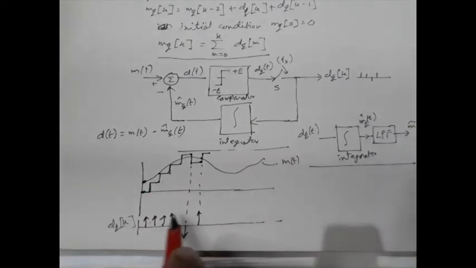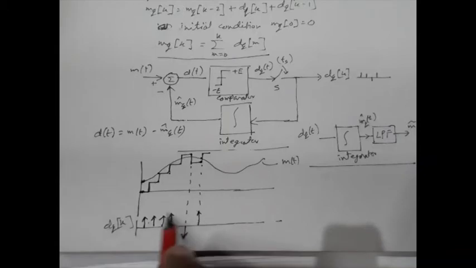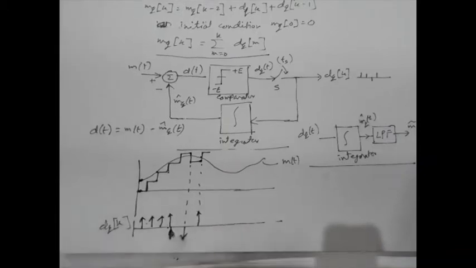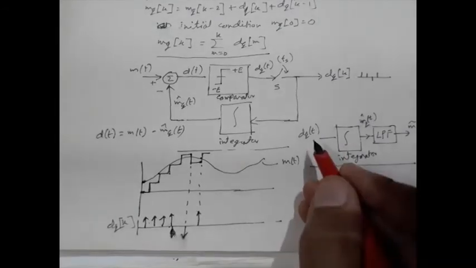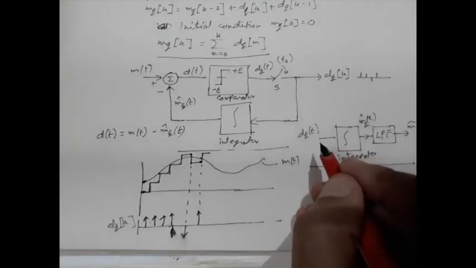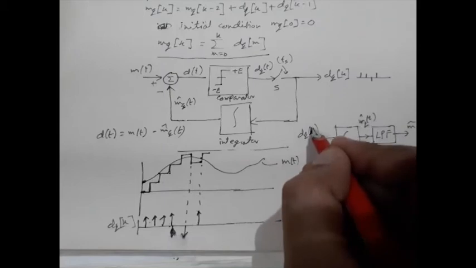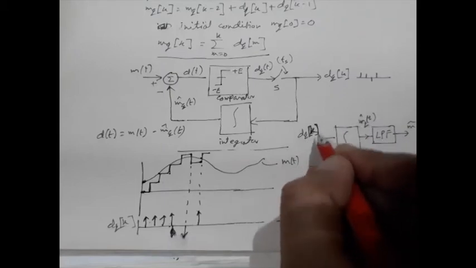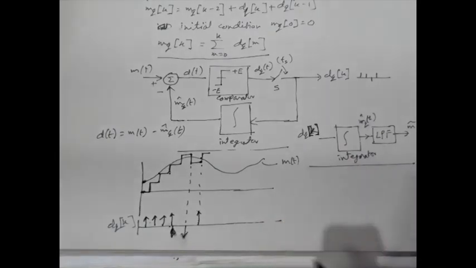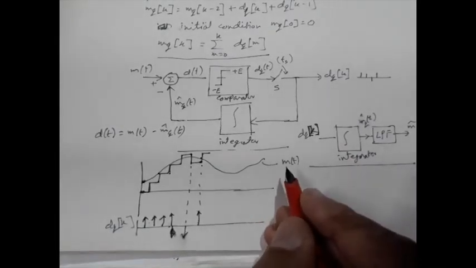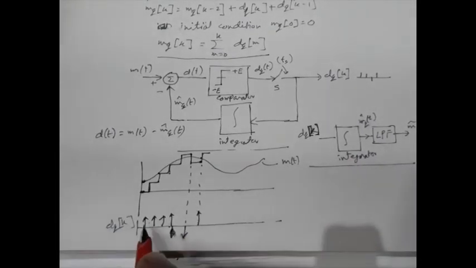and we are actually sending this information, this D. At the receiver side, this one is DQ[k] actually. We are actually getting DQ[k]. So we are actually getting these things.